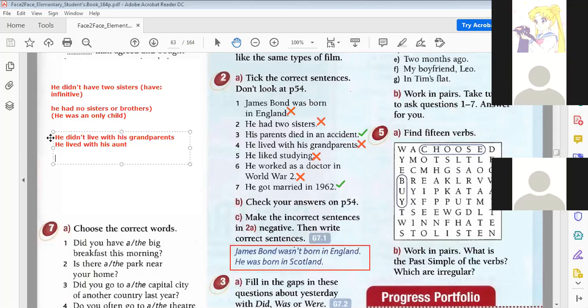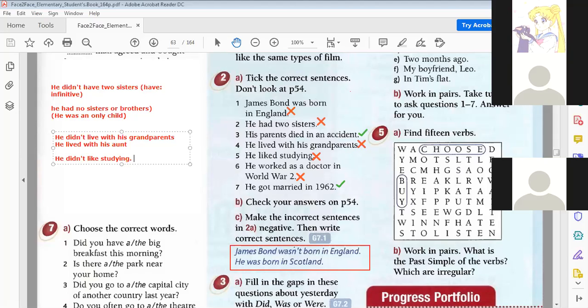He liked it. Okay, what's the negative of it? He didn't like studying. Correct. So he didn't like studying. But what did he like? Can you guess what he liked? I think watching TV.